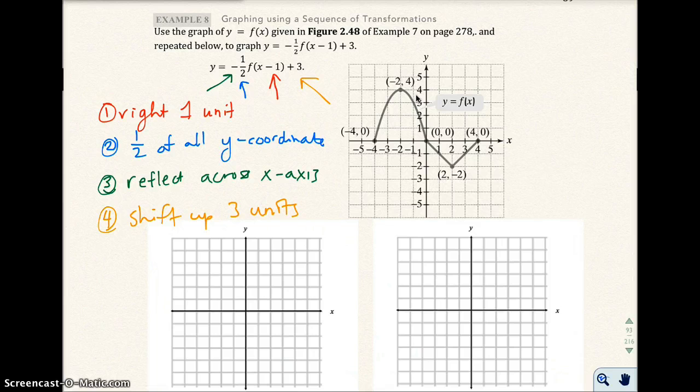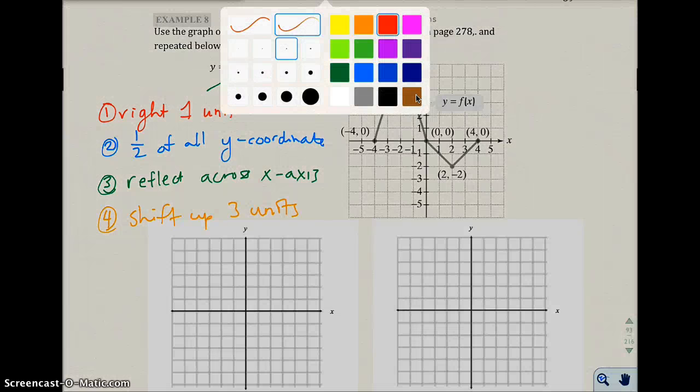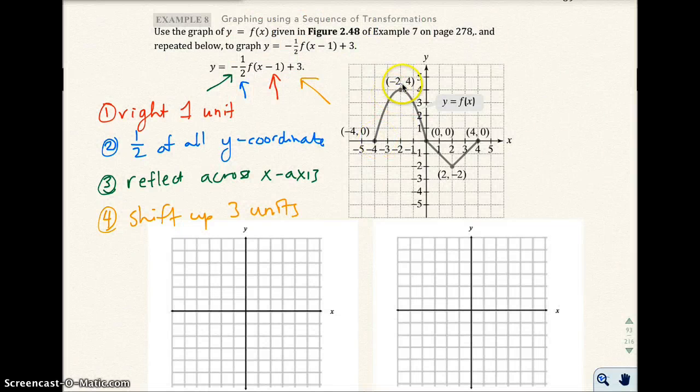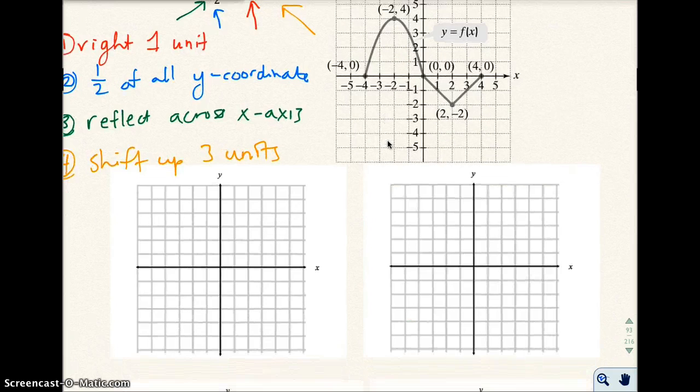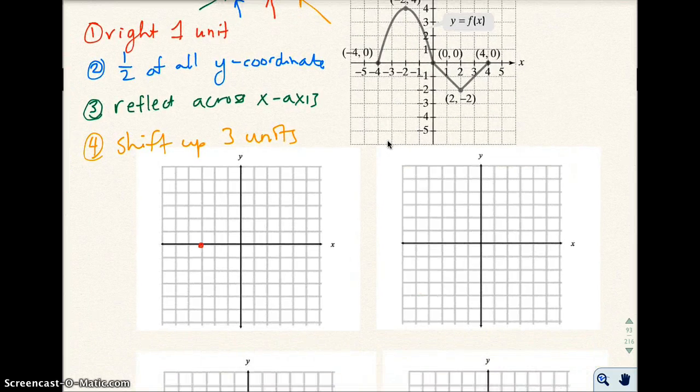So in red, I'm going to go ahead and do the right 1 unit for all these points here. So the right 1 unit would go here. This to the right would move it right there, so negative 1, 4.